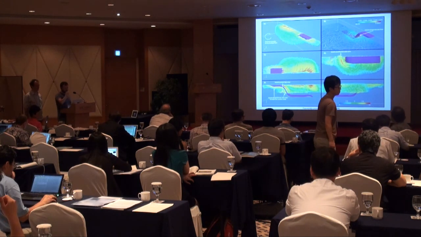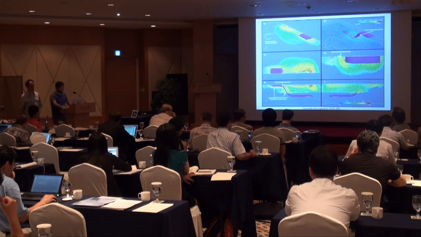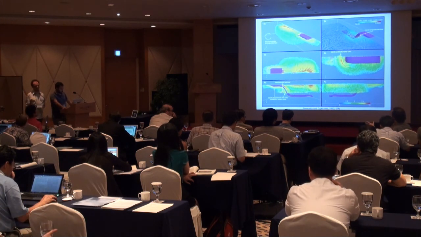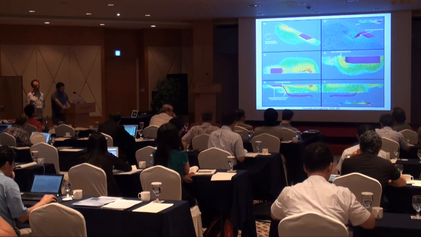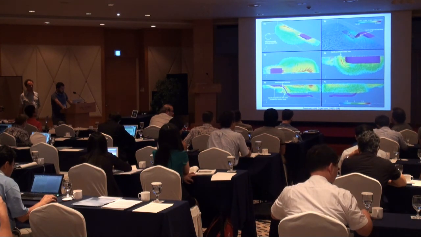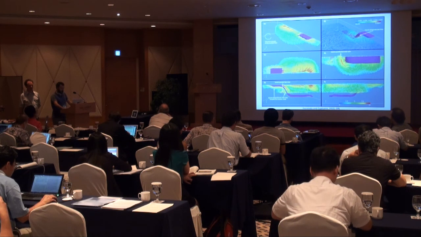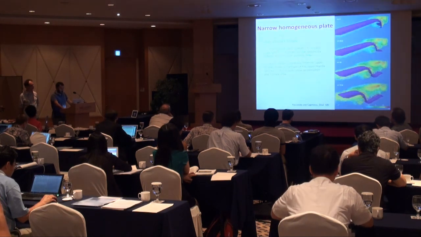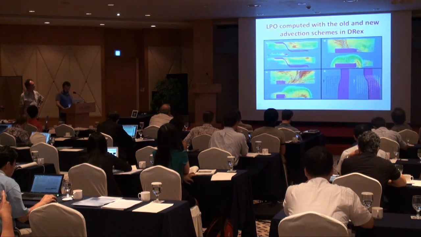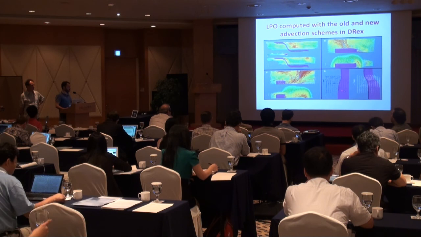Just real quick, you mentioned the ISA, the infinite strain axis for olivine. I was wondering if you had looked at how well the ISA predicted your more complicated models.